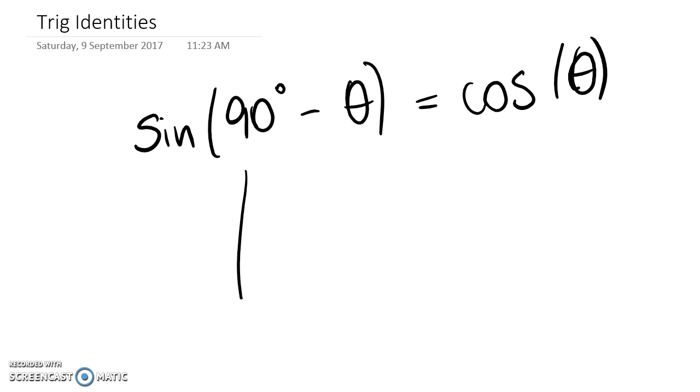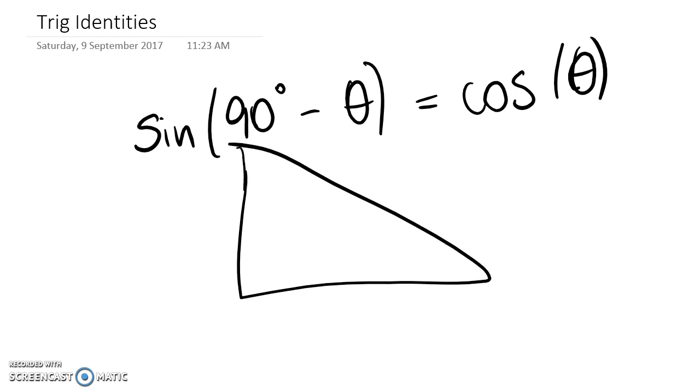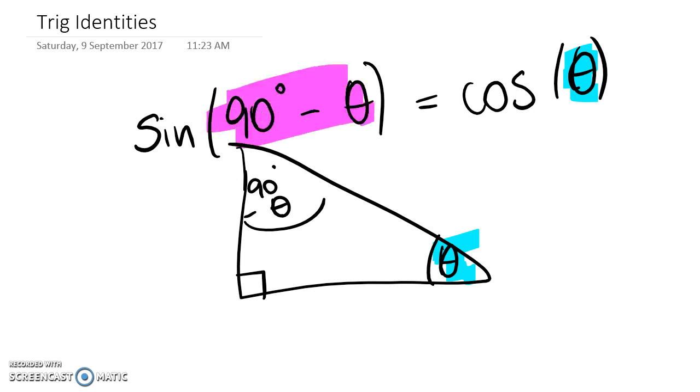So let's say, for example, we have a triangle and we know theta, and it's a right angle triangle, which means that this angle up here has to be 90 degrees take theta. All we're saying is that if we know cos of this angle here, it's equal to sine of this angle here. So that's another useful trig identity.